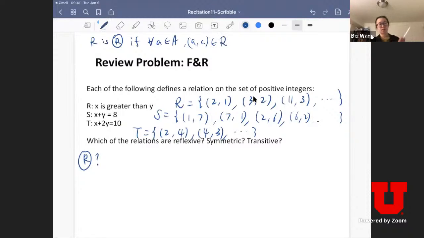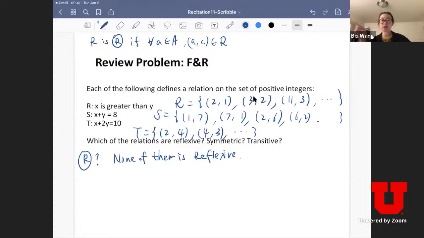It turns out none of them is reflexive. Why? Because you can give an example. Remember, 1 is a positive integer.